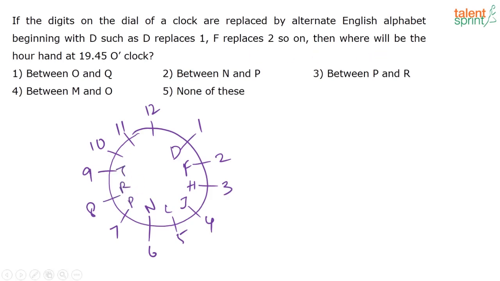See what have they asked? The hour hand at 1945. What is 1945? 1945 is 7:45 p.m., correct? So the hour hand is going to be here and the minute hand is going to be here. So where is the hour hand? It is between 7 and 8, or it is between P and R. So the answer for this question is option 3, PR.